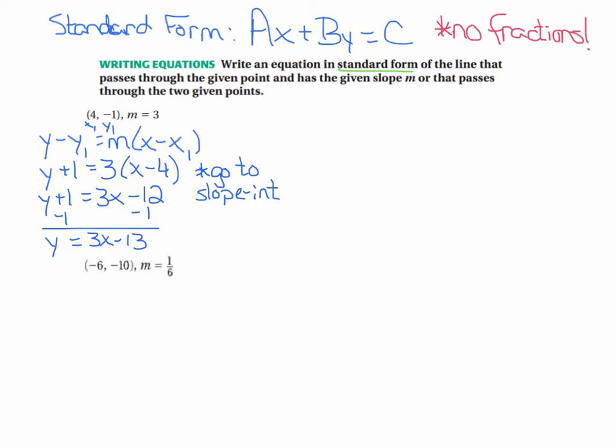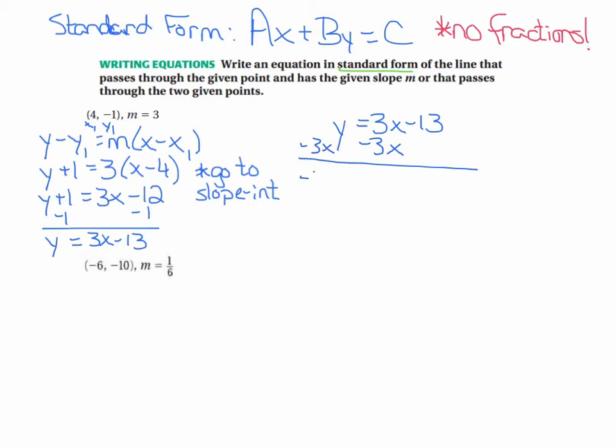All right. Now, let's see what we got to do next. Do I have any fractions? No. So, I'm good there. But are x and y on the same side of the equal sign? No. So, since y is over here hanging out by itself, I'm going to subtract 3x from both sides. Notice I cannot combine 3x and y.